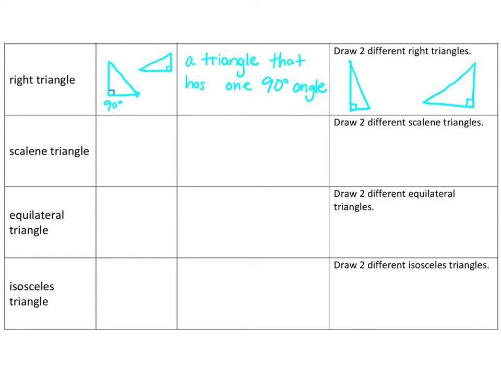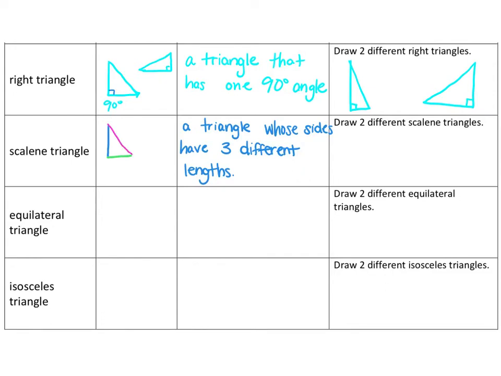All right, now let's do a scalene triangle. A scalene triangle is a triangle whose sides have three different lengths. So when we look at this, one side is going to be one length. This one might be 7 centimeters, and then 5 centimeters, and then maybe 8 centimeters.